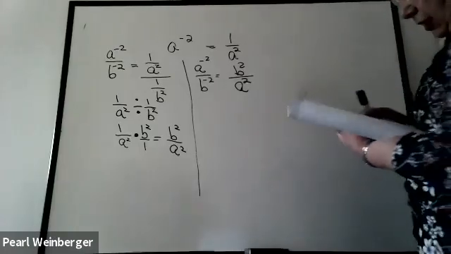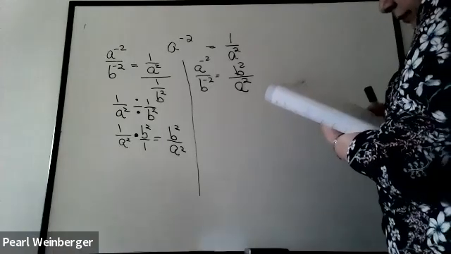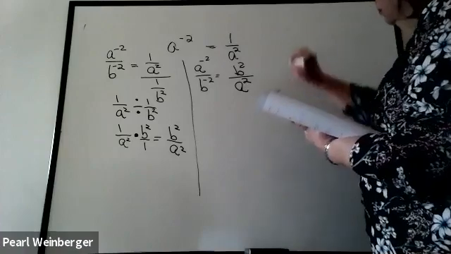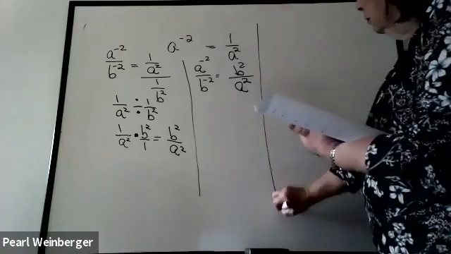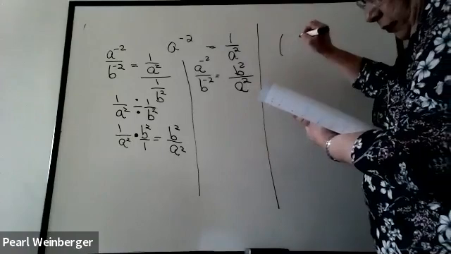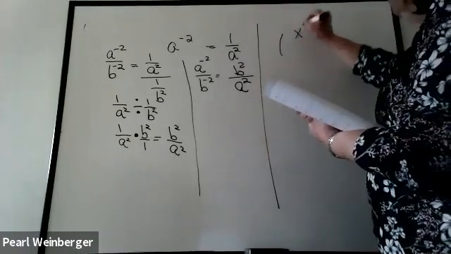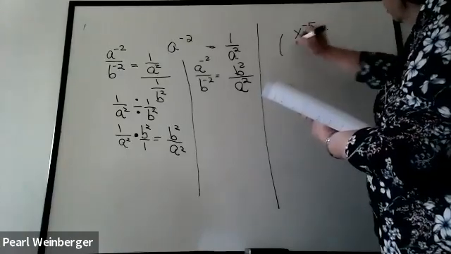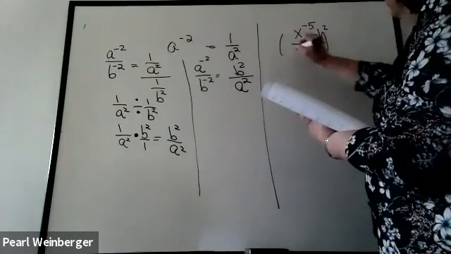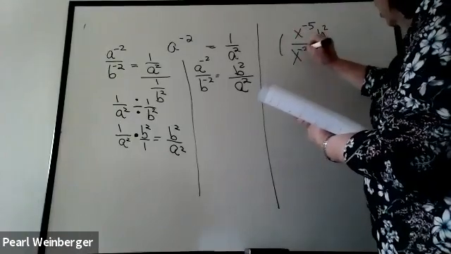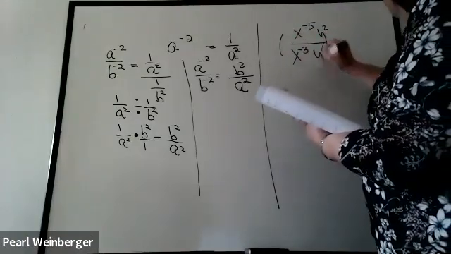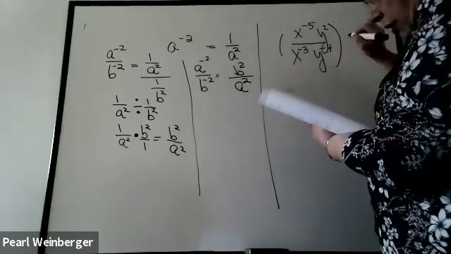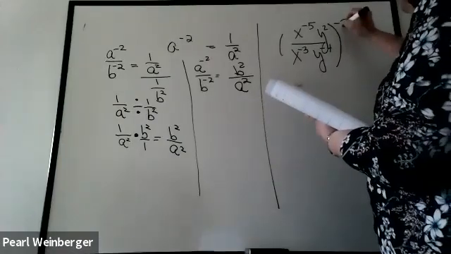Okay, so let's say I gave you this example. x to the negative 5, y squared over x to the negative 3, y to the negative 4, all raised to the negative 2 power.